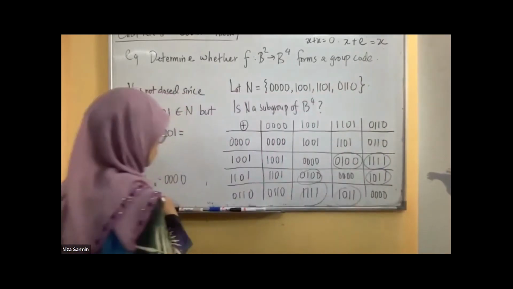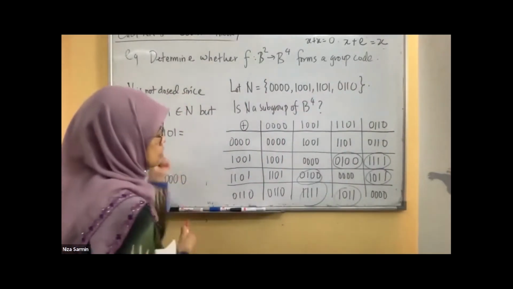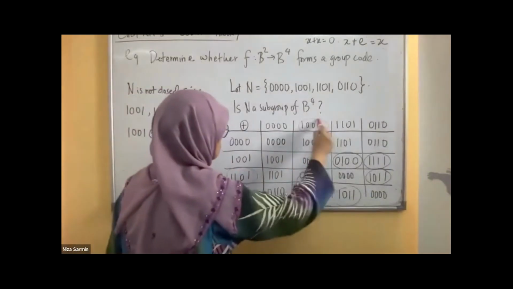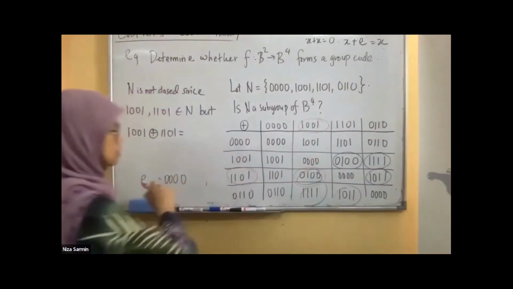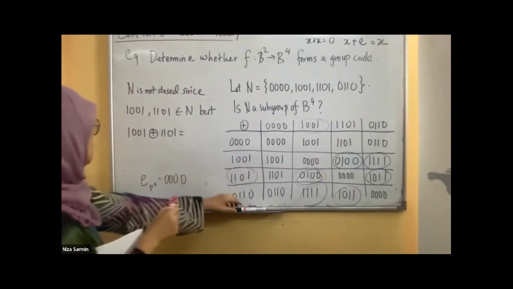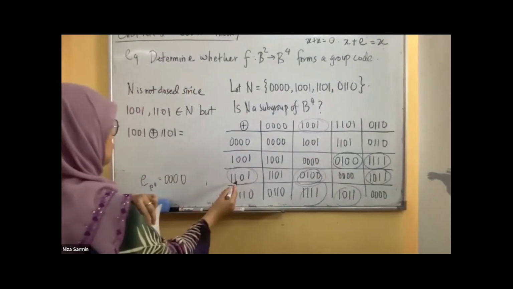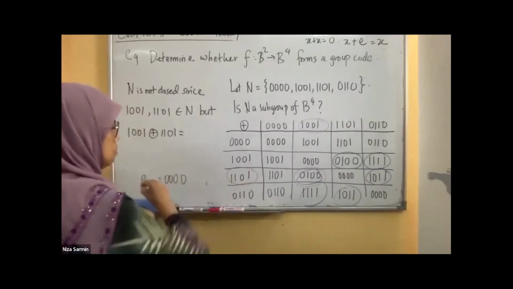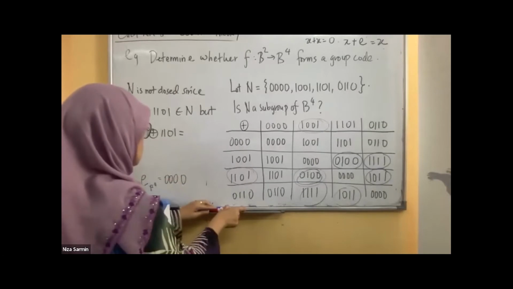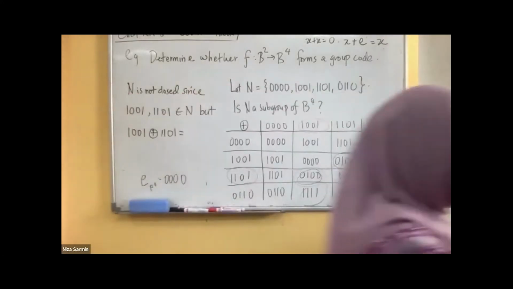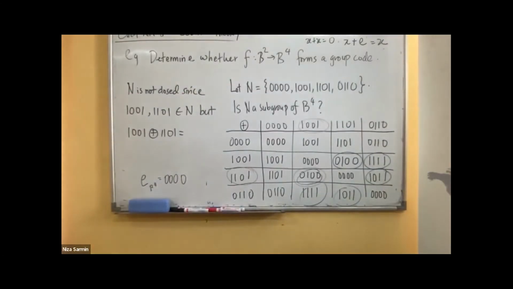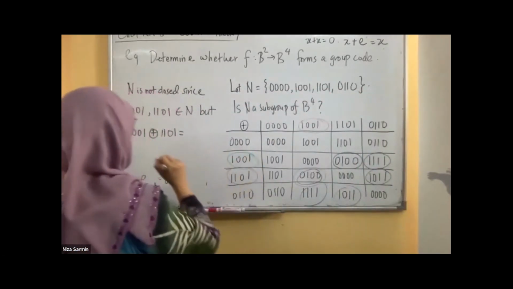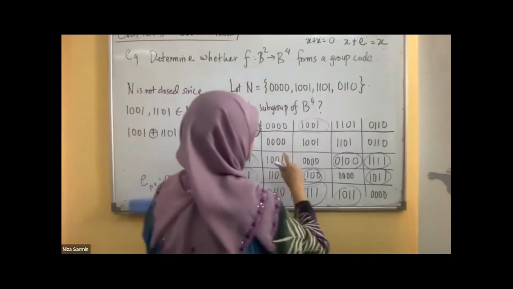Okay, so I want to show using this one and this one to get this one. So 1 1 0 1, 1 0 0 1, 1 1 0 1.